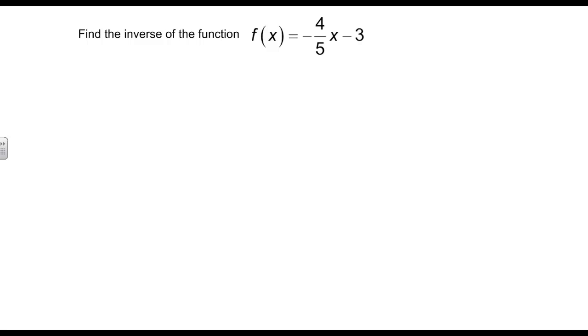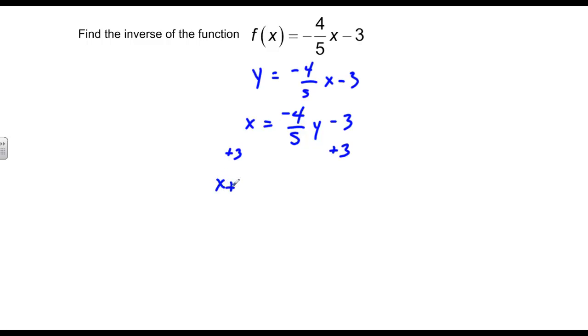And we can do the same for problems that look like fractions. Again, this is in slope-intercept form, so I'm going to replace the f(x) with a y. I'm going to switch the x and the y, and I'm going to solve for y. So in order to do that, I add 3 to both sides. I get x plus 3 is equal to negative 4/5 y. Multiply by the reciprocal on both sides.